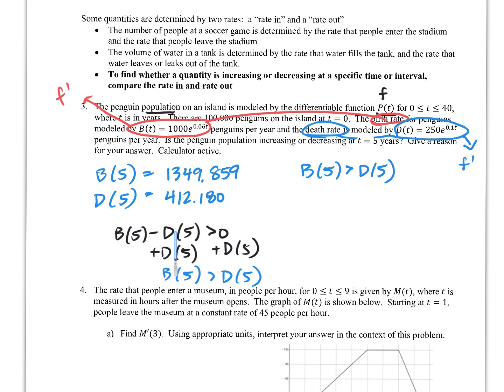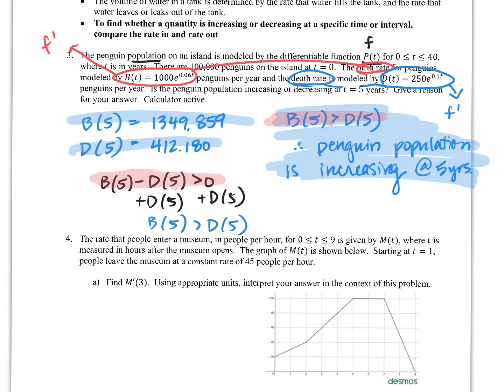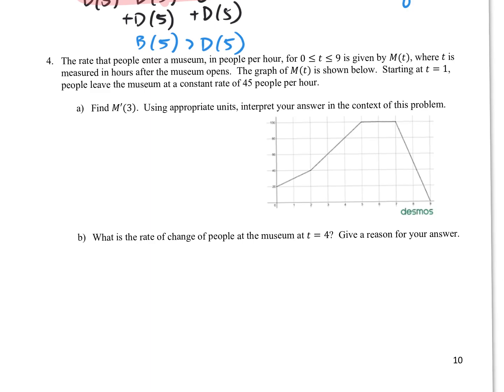We're going to write this top line. And then I'd say, therefore, the penguin population is increasing at... actually, we don't even need it. It just says, is it increasing or decreasing? We could say yes, but at, what was my T? Yeah, at 5 years.